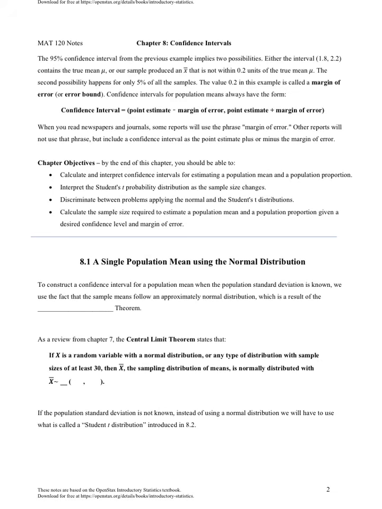In the last example, when we subtracted 2 times the standard deviation from our mean, or added 2 times the standard deviation, that 2 times the standard deviation happened to be our margin of error, or our error bound. And we'll talk more about that in future videos.